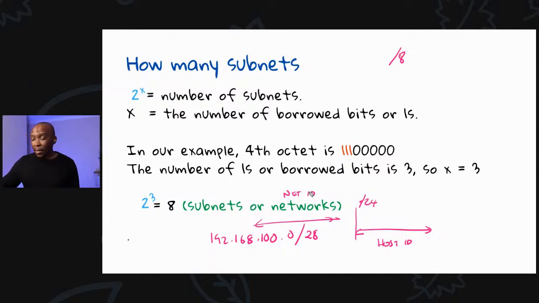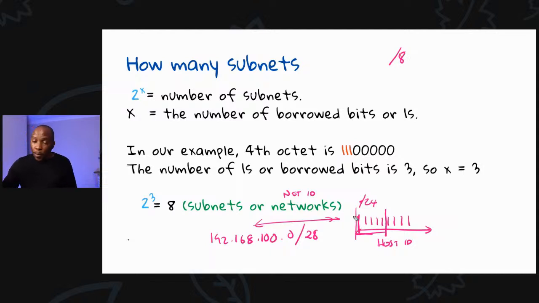But because we want to carve up this network, what we have done is we have borrowed, right? So we've got 8 bits. We went and borrowed the first 4 bits of the address and converted them into the network part of the address, and then left the last 4 bits as the host part of the address.